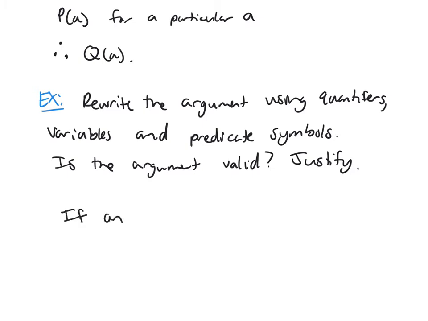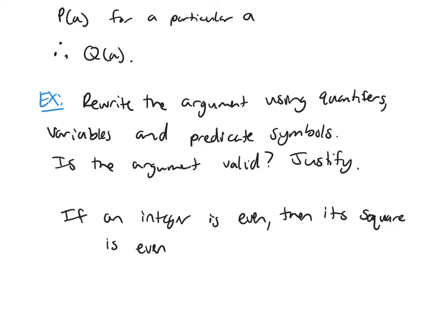If an integer is even, then its square is even. K is a particular integer that is even.